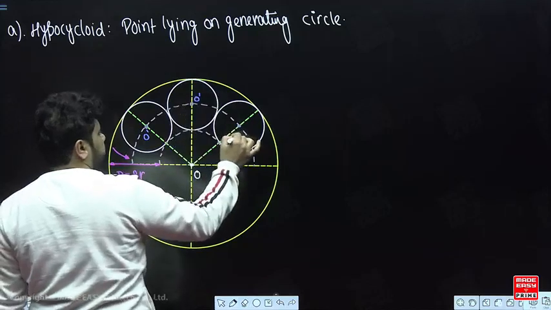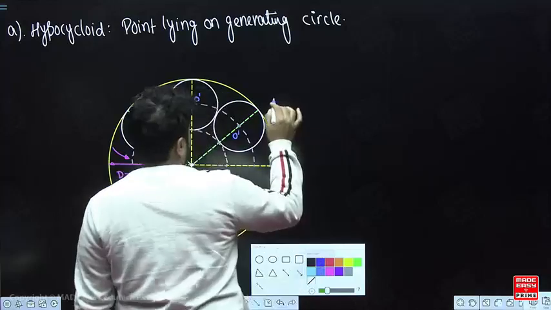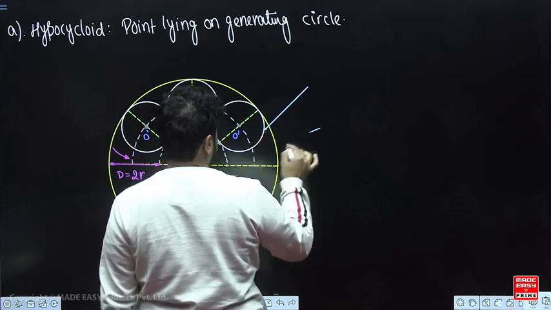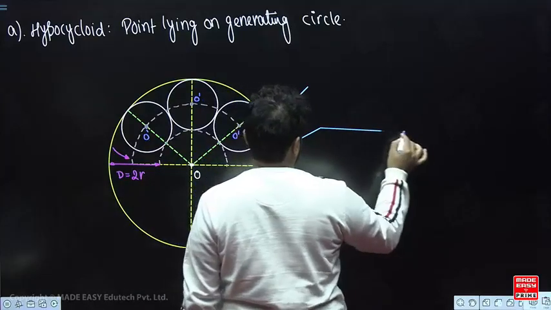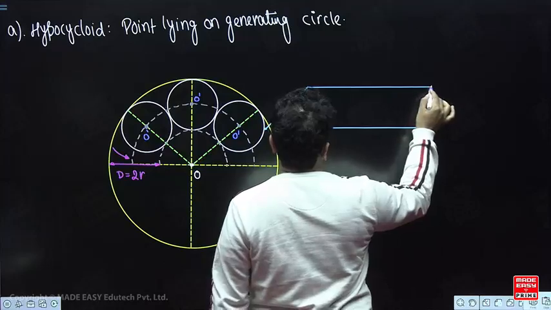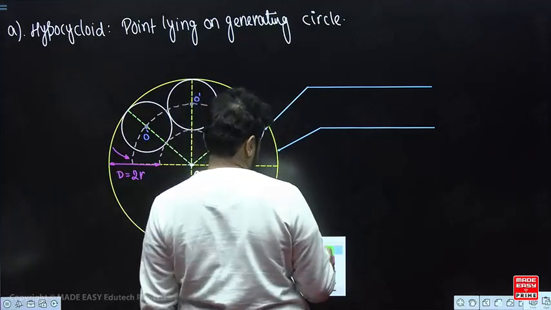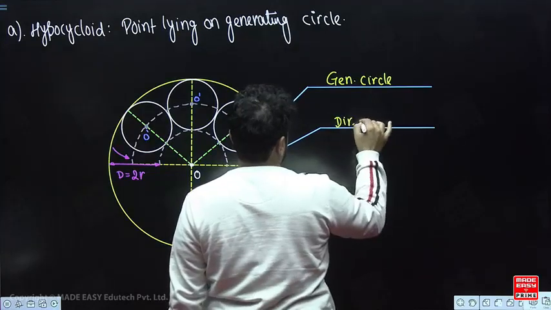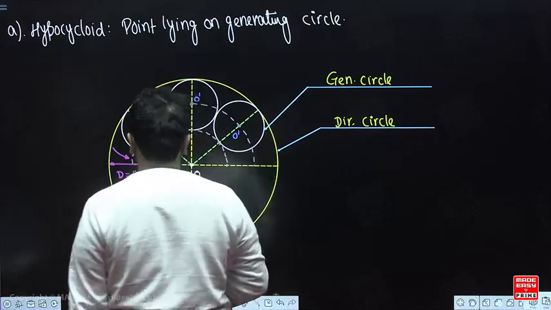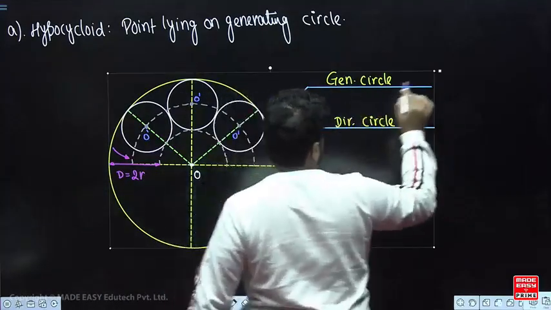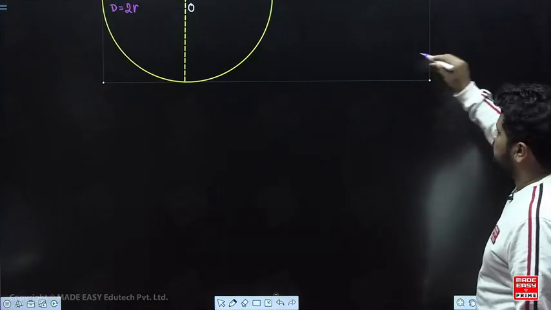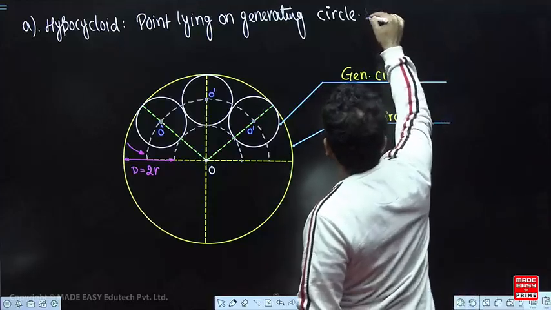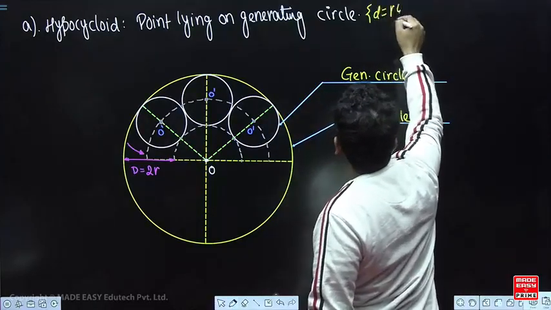O dash, O dash, O dash. This is your directing circle, or a generating circle. So hypocycloid, that is D is equal to R, isn't it?